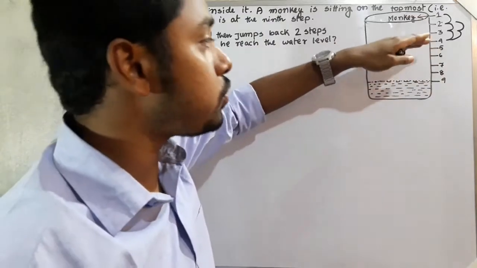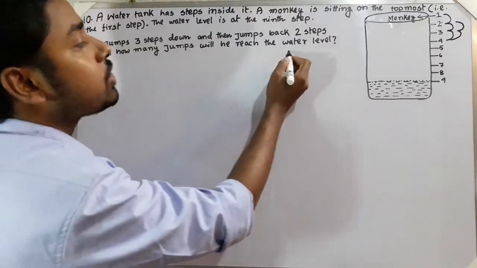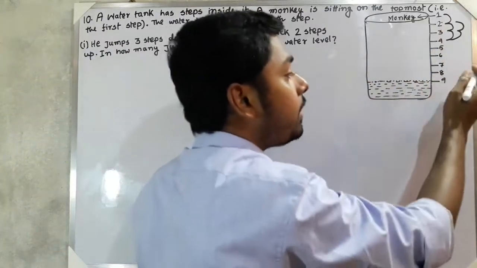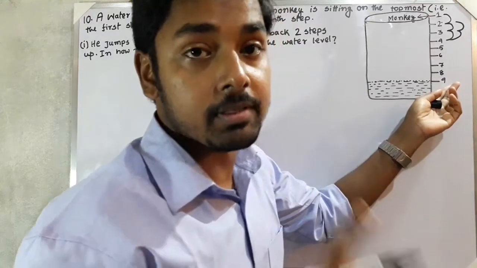If he is doing this, then in how many jumps will he reach the water level, that means the 9th step? This is the question.